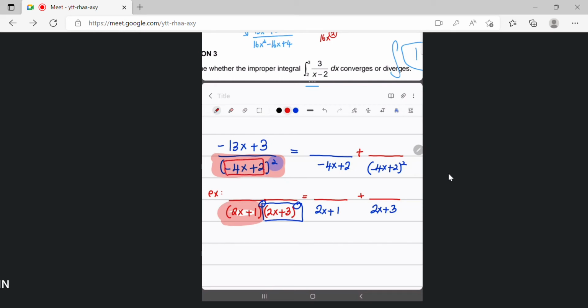Dalam ni. Kuadratik ke linear? Yang mana? Yang ni, yang original questionnya. Negative 4x plus 2. Kuadratik. Sure ke kuadratik? Kuadratik or linear? Linear.